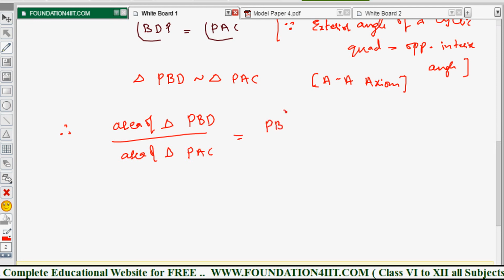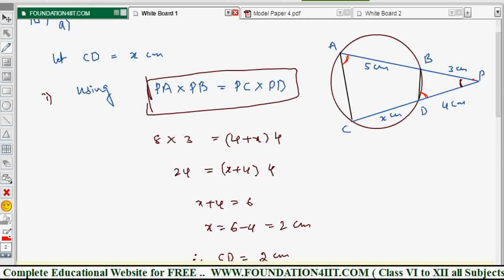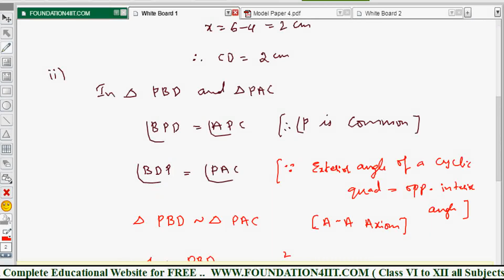I am taking PB square by PC square. This is PB, one of the sides, and PC is another.